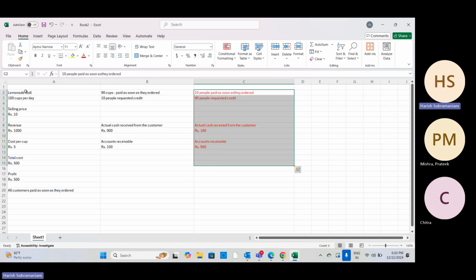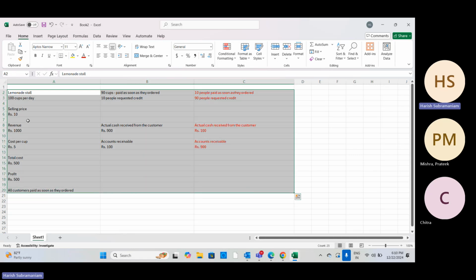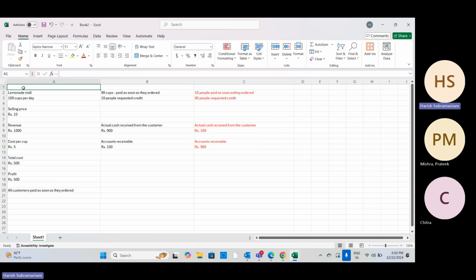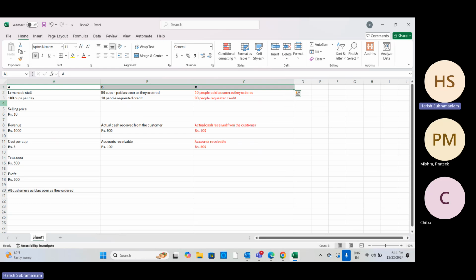So if you look at the profit and loss statement of such an organization, it will show a very good profit. It will show a very, very good profit, and we'll think, oh, the business is running great. Right. If we look at the profit and loss of all three of these stalls, lemonade stall A, B, and C, if we only look at the profit and loss, then we'll say all three are equally good or equally bad.